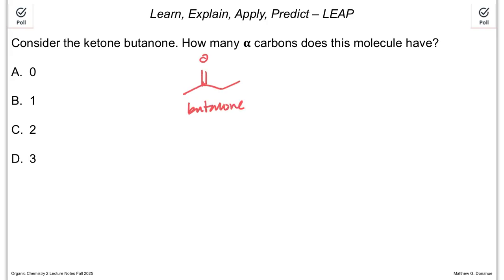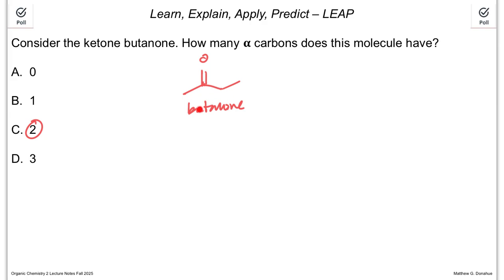So let's look at the most complicated example, a ketone that's not symmetric, because then we'll know everything we have to contend with. How many alpha carbons are in this molecule? So we have 2. Once we locate the carbonyl, any carbon bonded to that is an alpha carbon.